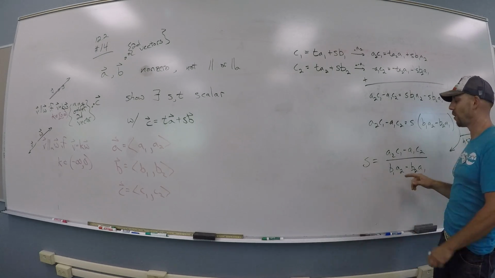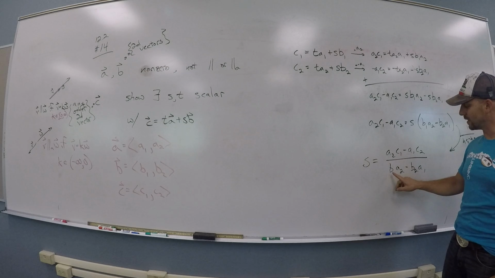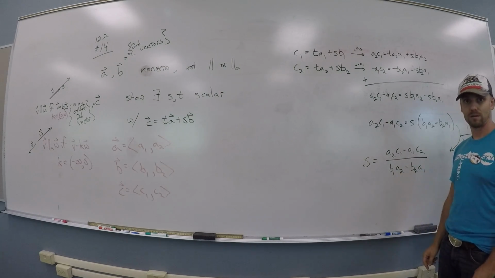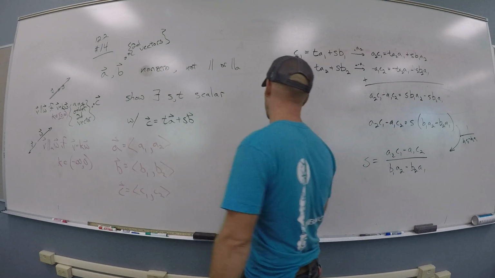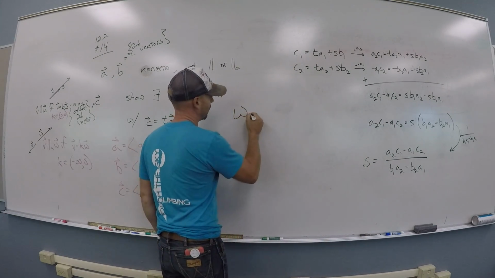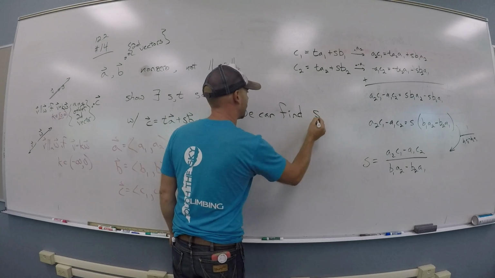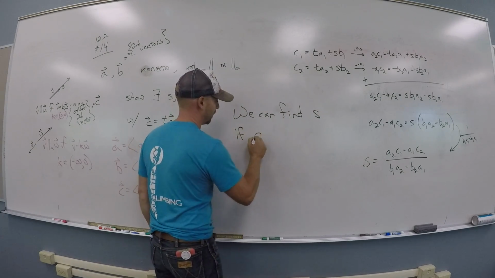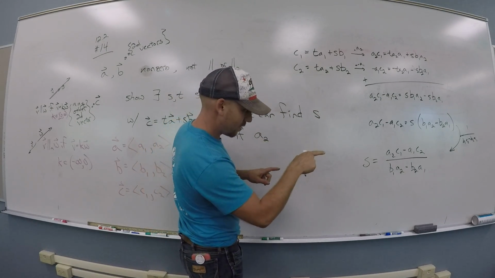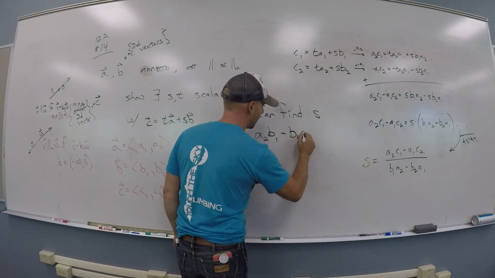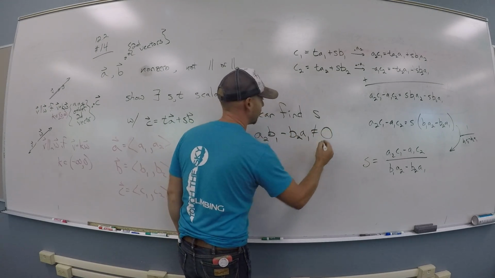So I can find S provided that B1A2 minus B2A1 isn't 0. Then you just have to prove that A2B1 minus B2A1 isn't 0.